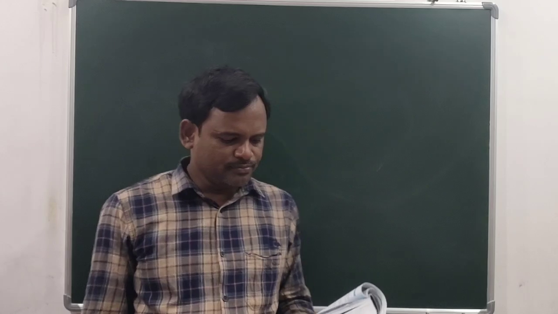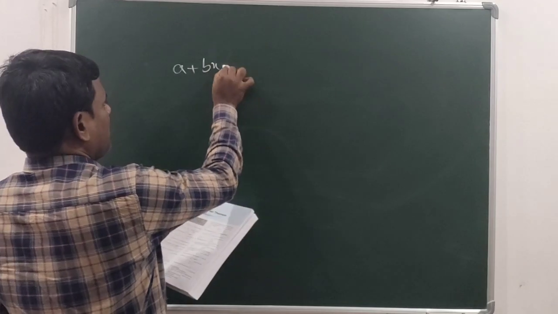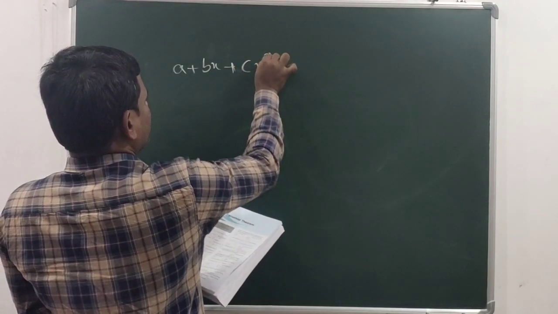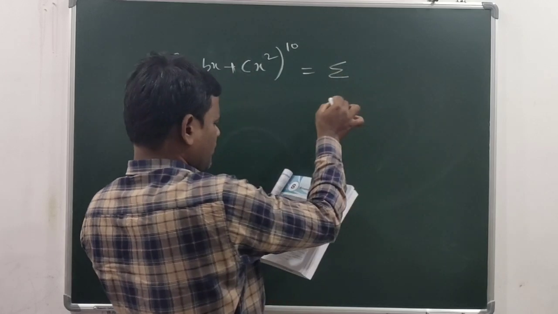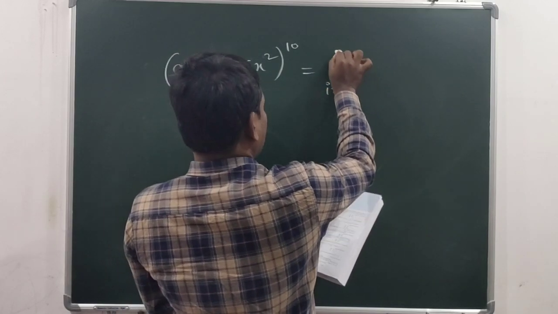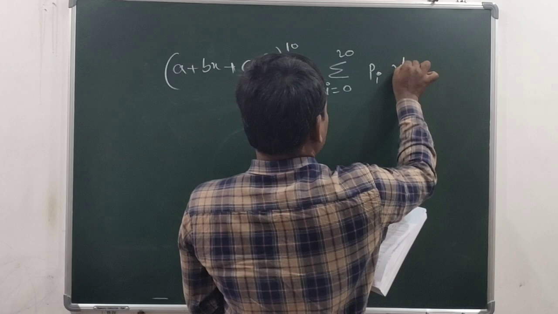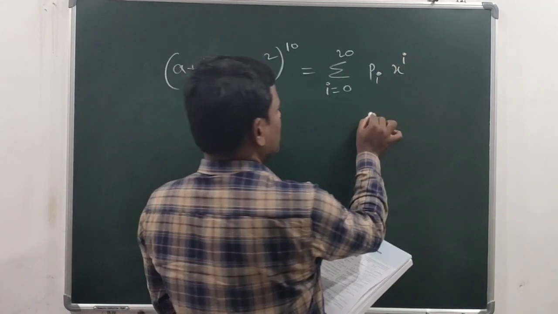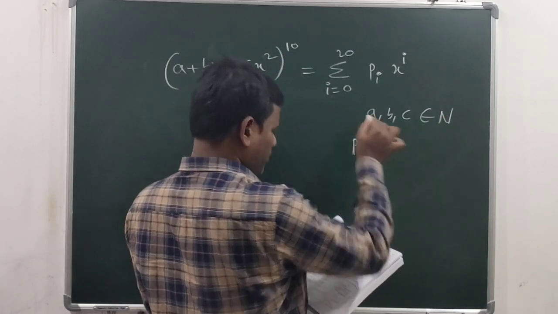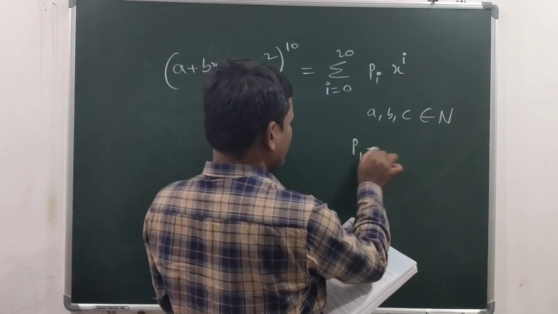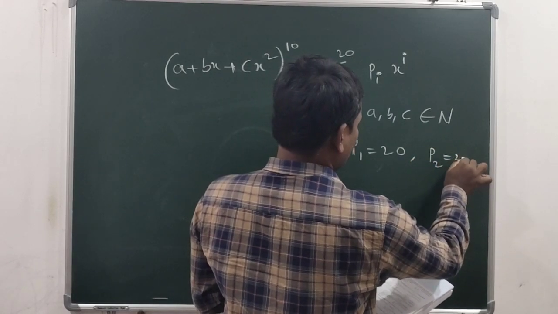Let us see one more question. See this. (a + bx + cx square) whole power 10, which is equal to summation of i runs from 0 to 20 pi into x power i, where a, b, c belong to natural numbers, and also p1 is 20 and p2 is 210.